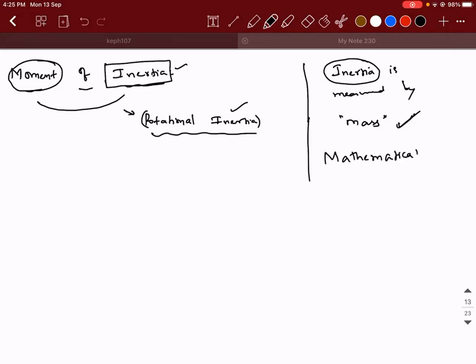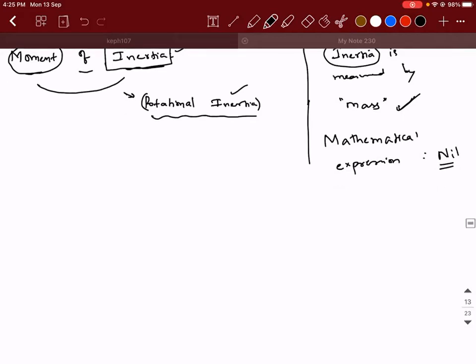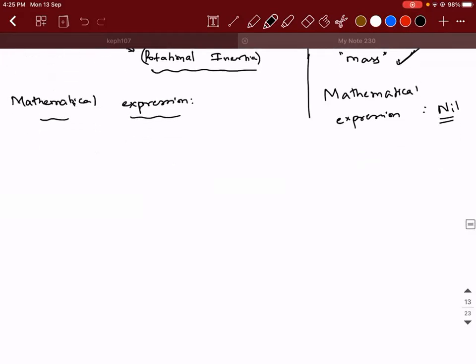So there is no expression. Whereas in the case of rotational inertia, there is a mathematical expression. So what is that mathematical expression? Let's see what it is.